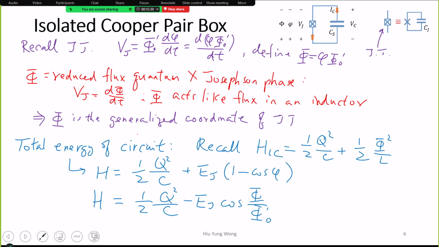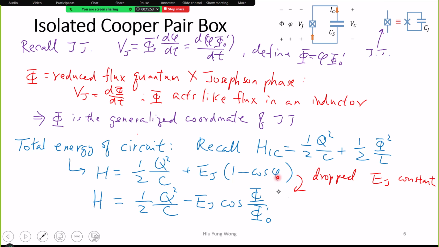So this is a very important point you will see often in the literature or other textbooks. We drop EJ, which is a constant. What is the other difference?